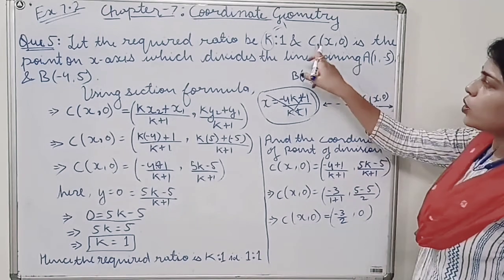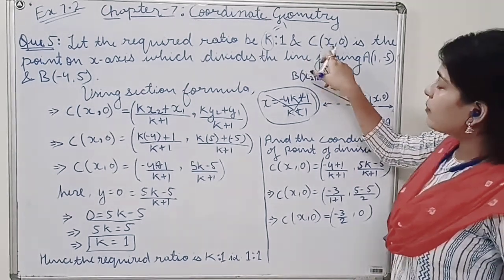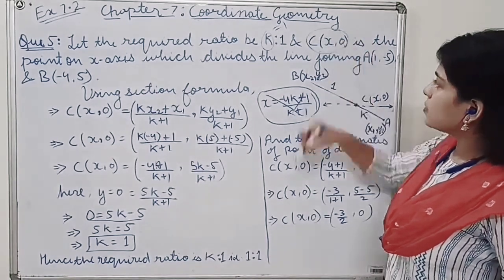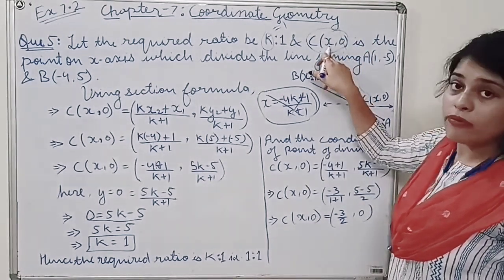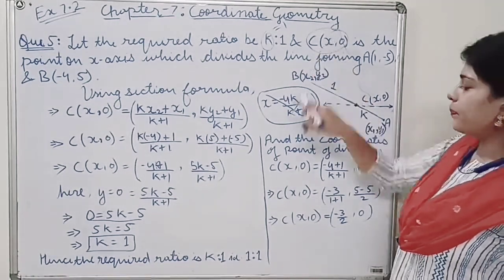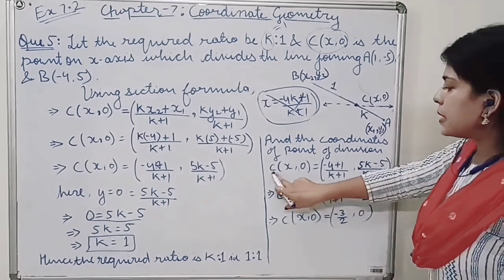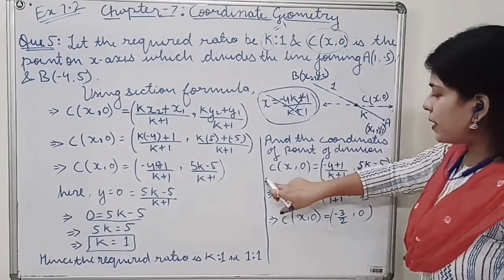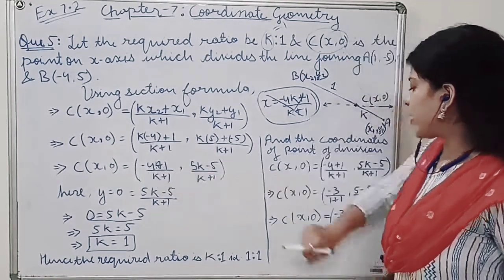The y coordinate is 0 because the point lies on the x-axis, which is known. We have to find the value of the x coordinate only. The coordinates of the point of division are C(x0, y), given by these values.